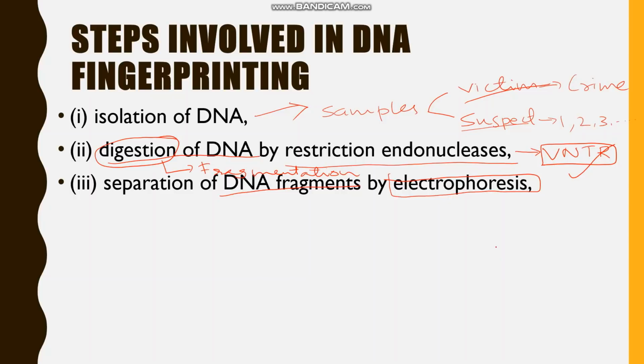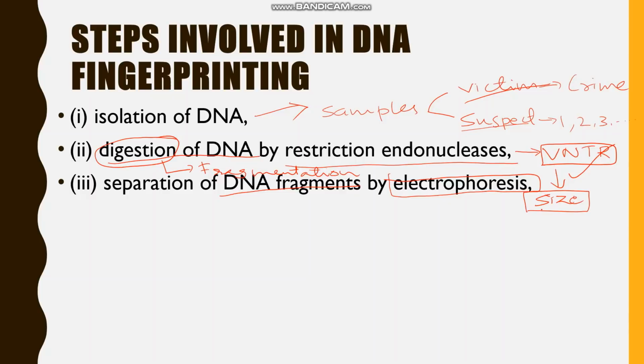Now, in gel electrophoresis, all the DNA fragments will be separated, and we are focusing on the VNTR sequences. These VNTR sequences are arranged according to their size. I told the VNTR sequences are not similar in length in all the chromosomes. It varies from chromosome to chromosome. So based on their size, the VNTR sequences will arrange in the gel slab in agarose gel electrophoresis.